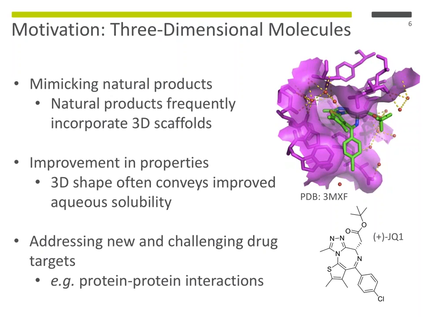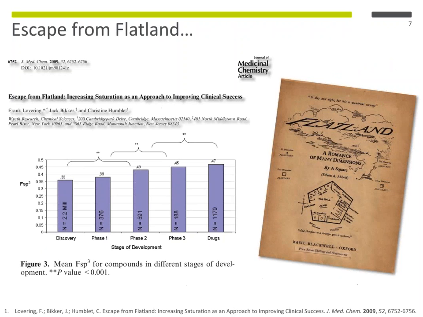There's also some speculation about improvement in properties. So, for example, it has been experimentally observed that some molecules with more three-dimensionality do convey more aqueous solubility, which is an important aspect at least to explore and if possible, exploit in our design strategies. And also addressing new and challenging drug targets. An example here is protein-protein interactions, which is a hot topic of the moment. So that's our motivation for looking at three-dimensional molecules.